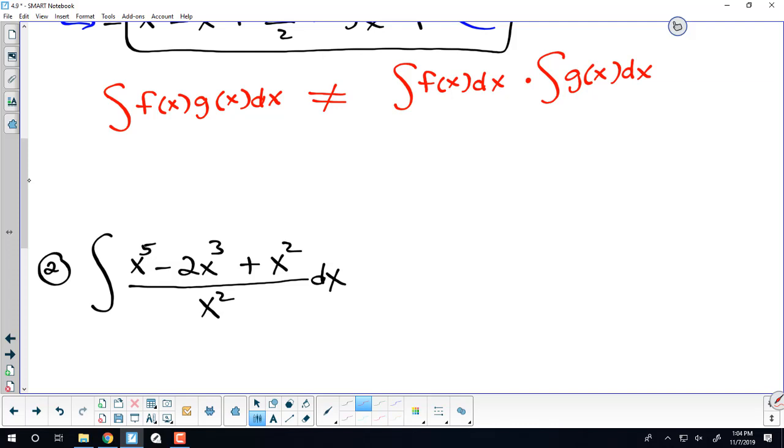Why would that be, just based on our knowledge of derivatives? Because with the product rule, there's that sum in there. It's the left times the derivative of the right, plus the derivative of the left times the right.